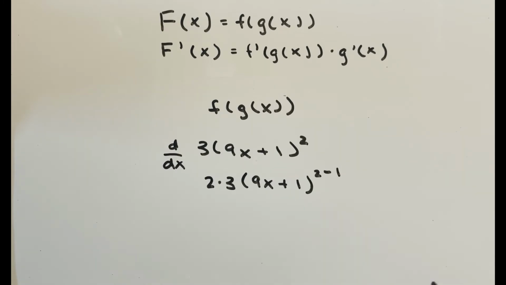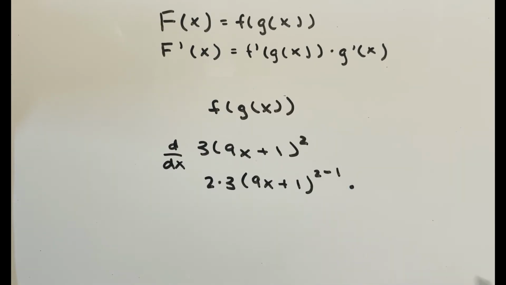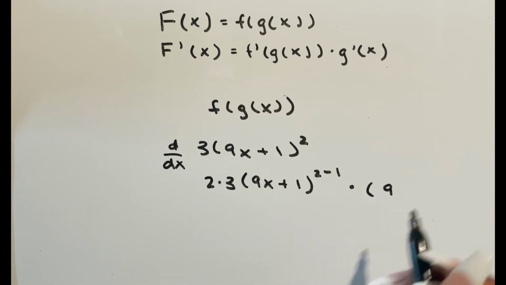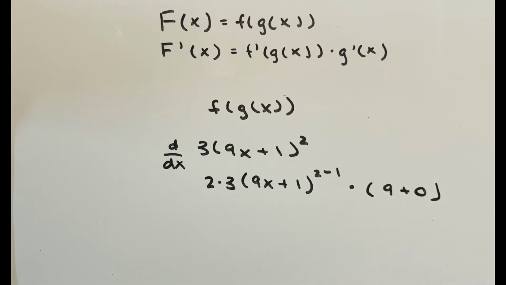So we've got 2 minus 1 for that exponent. Next, we'll multiply this times the derivative of the stuff on the inside of the parentheses. So on the inside, we have 9x plus 1. The derivative of 9x is 9. And the derivative of 1 is 0. So we're multiplying 9 plus 0.